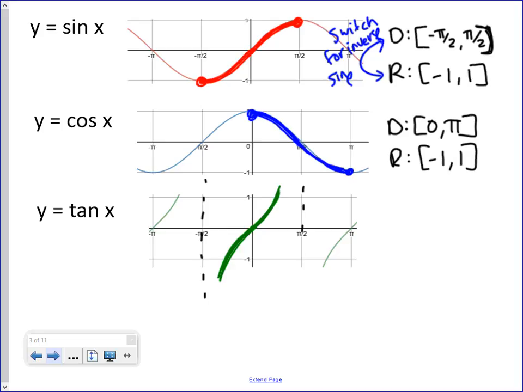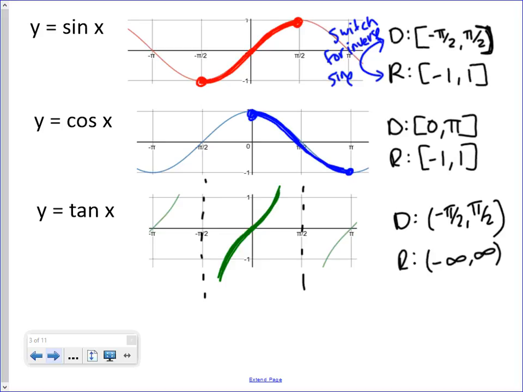So that would change for this section of tangent that I'm looking at. I would say its domain is -π/2 to +π/2, and its range is from -∞ to +∞. So we know that as we get closer and closer to that π/2, our tangent branch is just getting closer and closer to that asymptote and increasing towards +∞. So when we switch these for the inverse, what that means is you can put any ratio, any number that you want in for tangent. -∞ to +∞ will be your new domain.